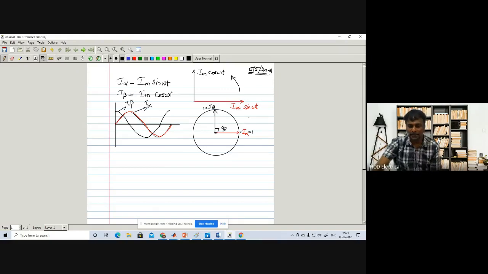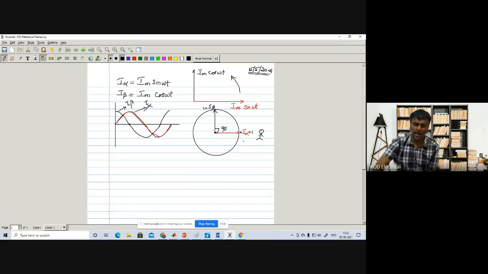If I am standing on this ground, all the time I can say alpha, one time it will be 0, then after some time it will be maximum at 90 degrees, then again 0, then minus 1 and plus 1. Similarly, beta is leading at an angle, like that I can assume.